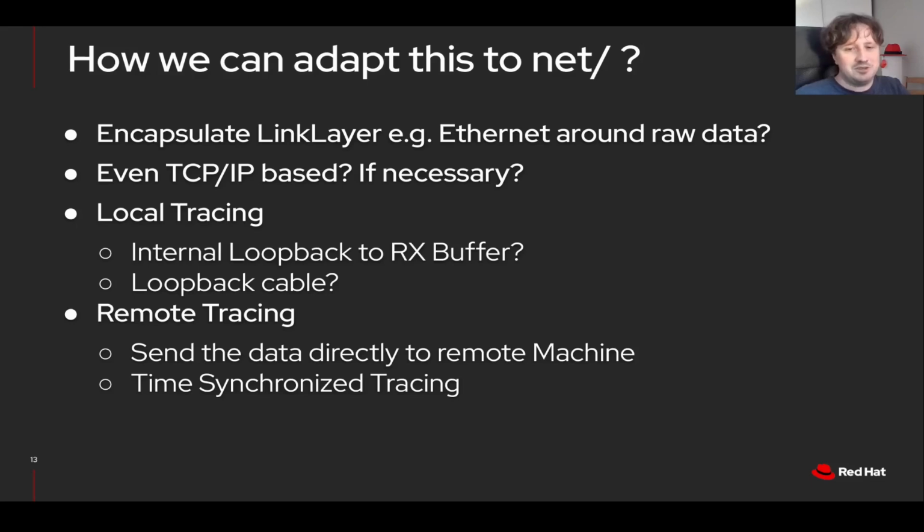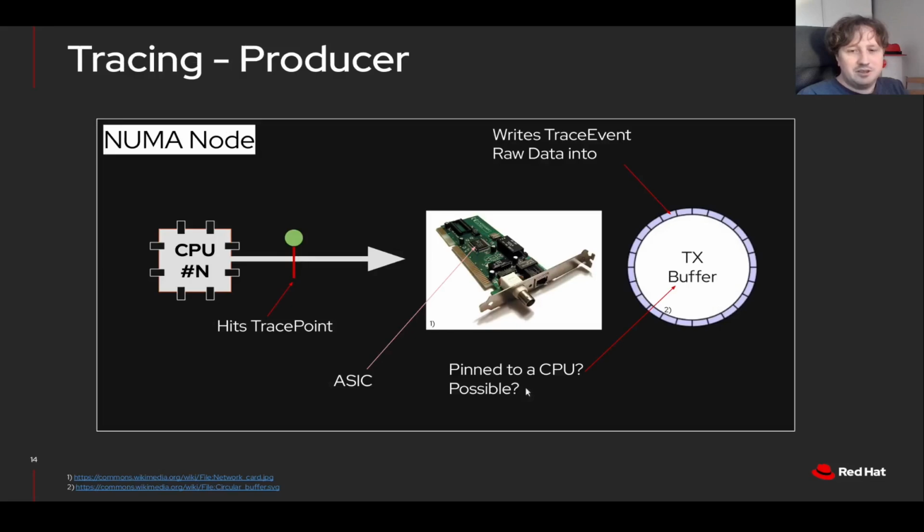Why not just send out the tracing data so that it lands on the remote machine's DMA ring of the NIC as well? And of course, when we're doing that, we need to have this all also time synchronized, as I mentioned before, because you want to have them somehow in order in your tracer.